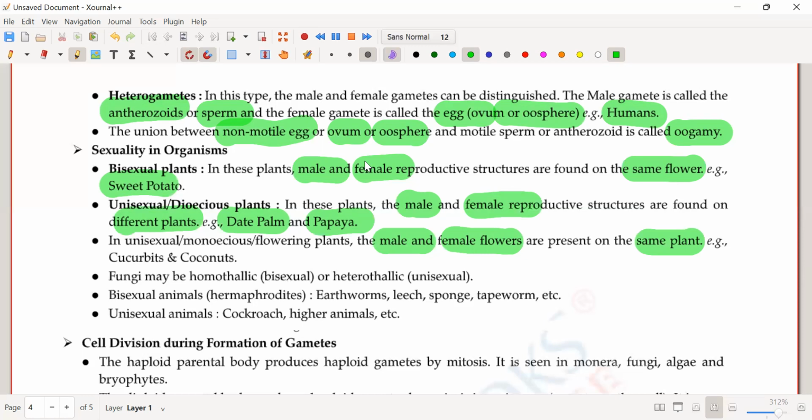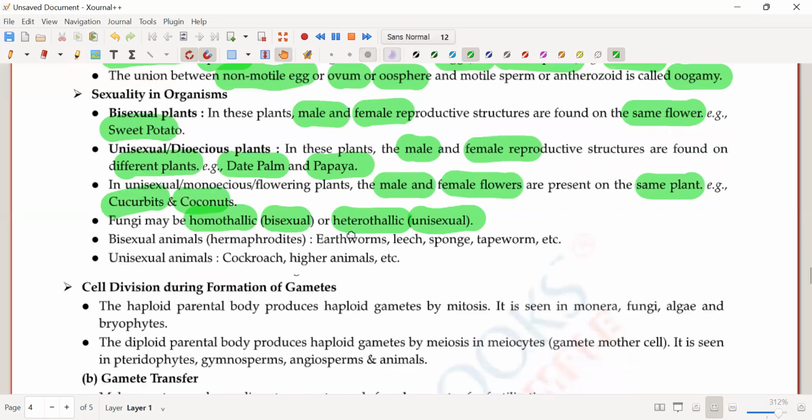Monoecious, all right? Bisexual, the same flower contains both male and female. In unisexual, dioecious, we have separate male plant and female plant. Or in unisexual, monoecious flowering plant, we have male flowers and female flowers present in the same plant. Cucurbits and coconuts are examples for this. Then fungi may be homothallic, bisexual, or heterothallic, unisexual.